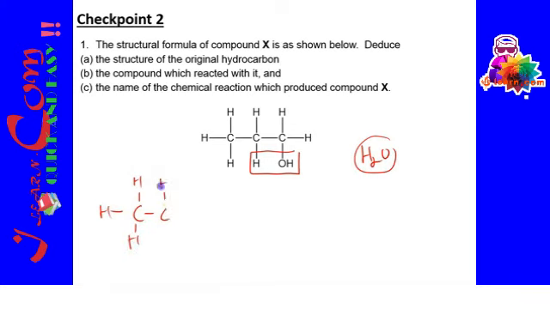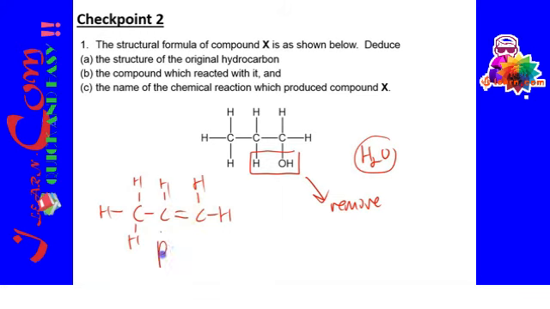So this is working backwards. I'm showing you how to work backwards. If I pluck this out, remove it in the form of steam, it means I have the double bond back here, because this came from here. So if I remove this, the double bond must come back, and I'll have this compound here.